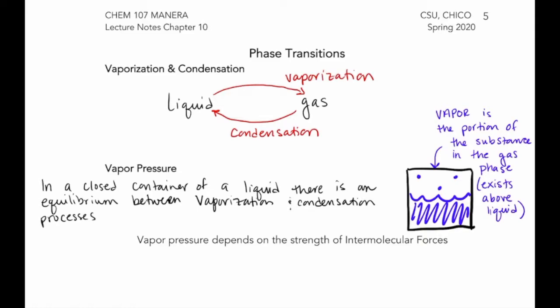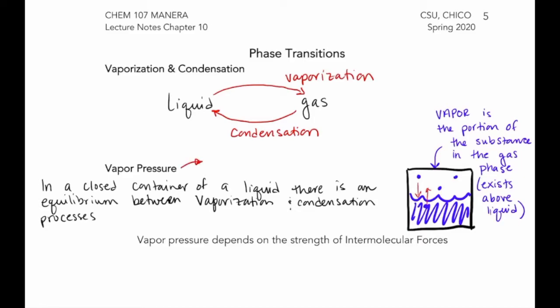There's a little bit that's able to come back up into the gas phase, and at a given point in time, one of these may drop back down into the liquid, and there may be a particle in the liquid that's able to jump out into the gas phase. And so there's some equilibrium here where particles are switching phases, but the amount that's in the gas phase still remains pretty small. At this point, there is a pressure exerted by that portion in the gas phase, and that's what we call the vapor pressure.